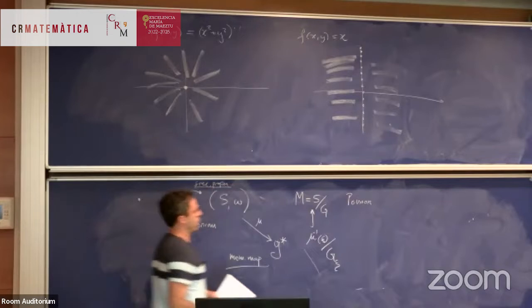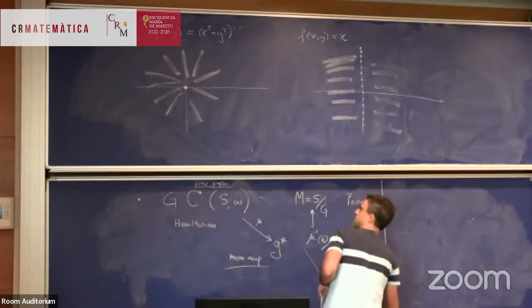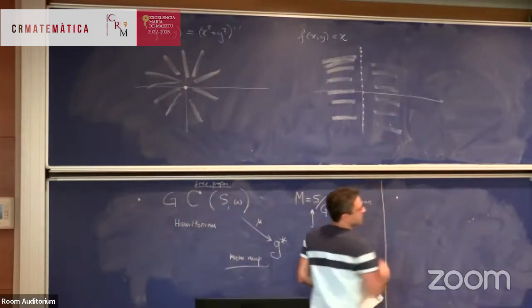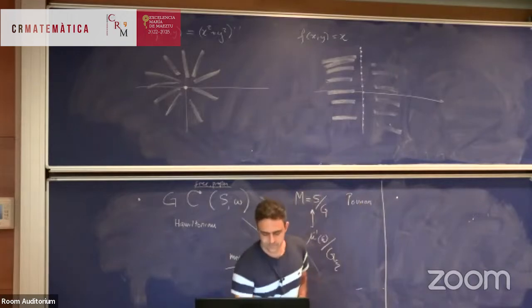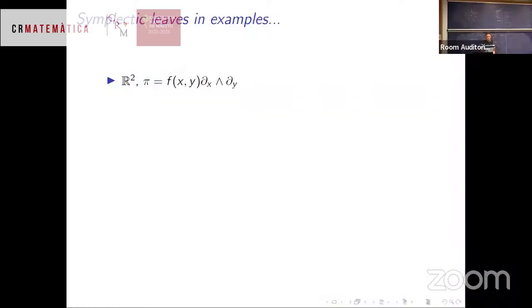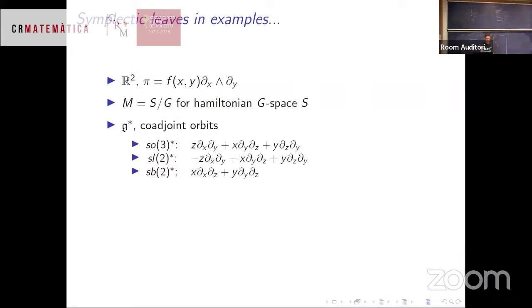A subclass of that is the class of duals of Lie algebras. We saw that given a Lie algebra, its dual has a natural Poisson structure. So what are the symplectic leaves of that?